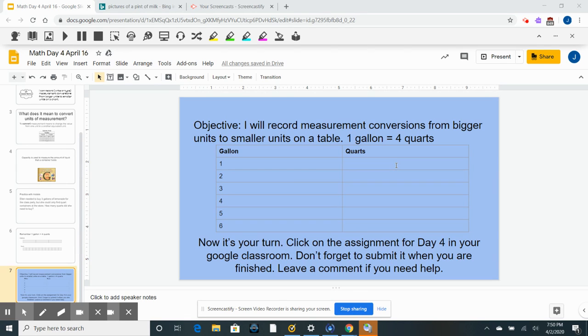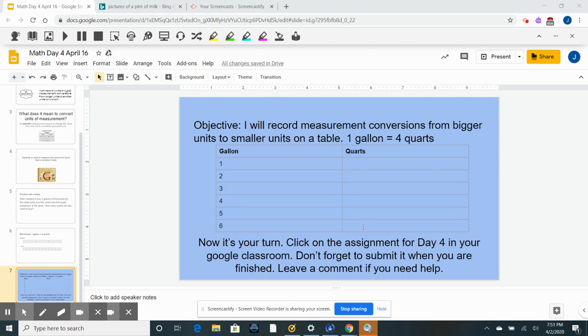This is where your multiplication facts come in handy also. 2 gallons would be equal to 8 quarts. 3 gallons would be equal to what? 12 quarts, because 3 times 4 is 12, and each gallon is equal to 4 quarts. 4 gallons would be equal to 16 quarts. 5 gallons would be equal to 20 quarts, because 5 times 4 is 20. 6 gallons would be equal to 24 quarts.